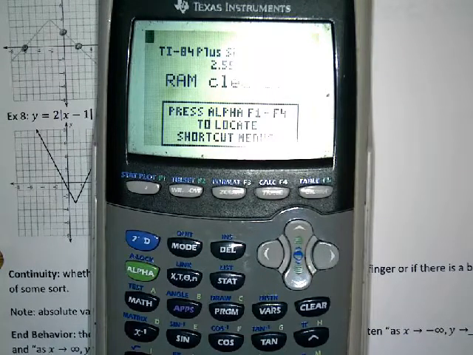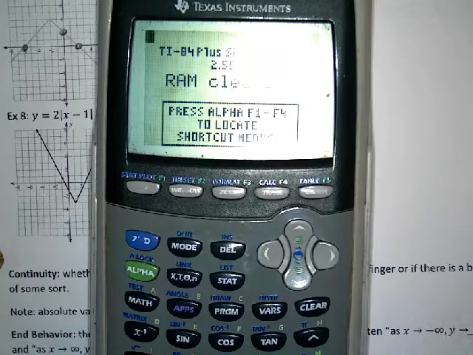What that does is it clears what's on your screen, but it also clears any funky stuff in the memory of the calculator, so that if you were using the calculator in chemistry, you can come back and use it in math class, and it doesn't have any weird window or weird looking stuff in it. You just get it all back to normal. Also, if you're taking a test and your calculator does something weird, you can clear it, plug the stuff back in again, and it will probably work the second time.